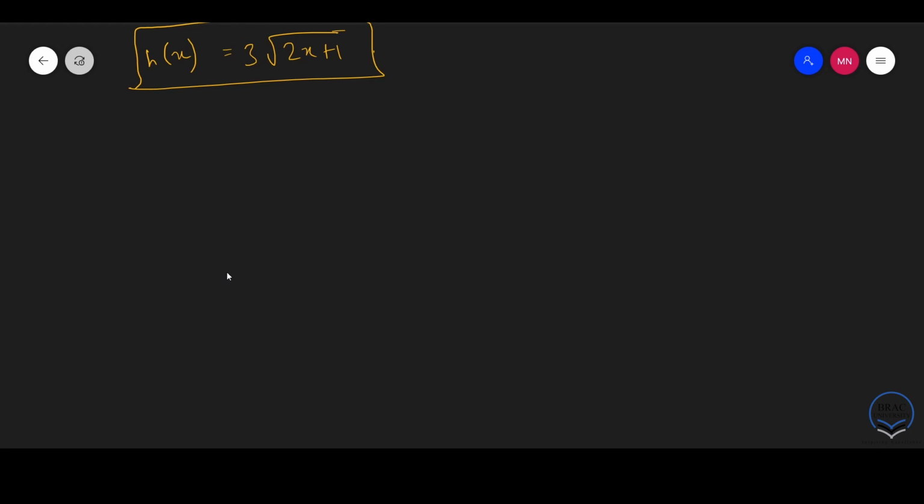Since there is a square root term, we can find the argument, which is 2x plus 1, and we know that the argument must be non-negative, so it has to be greater than or equal to 0. From this we can find the domain. Subtracting 1 from both sides and dividing by 2 gives us x greater than or equal to minus 1 by 2. So all values of x that are greater than or equal to minus half will be in the domain of our function h.